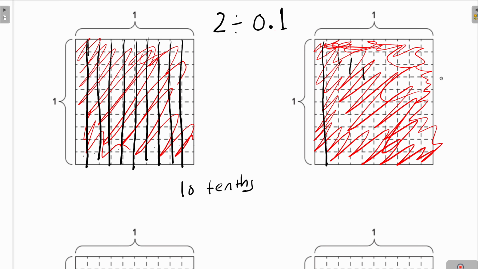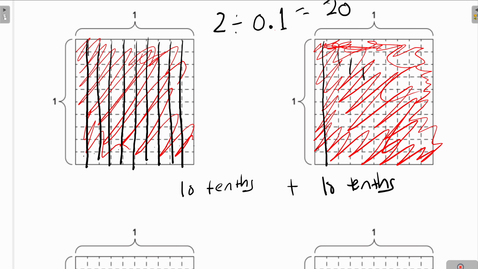You're just going to continue to divide it into tenths, and you're going to get 10 tenths on this side and 10 tenths on this side, right? So that means that you have a total of 20 tenths. So 2 divided by 1/10 is going to be 20.